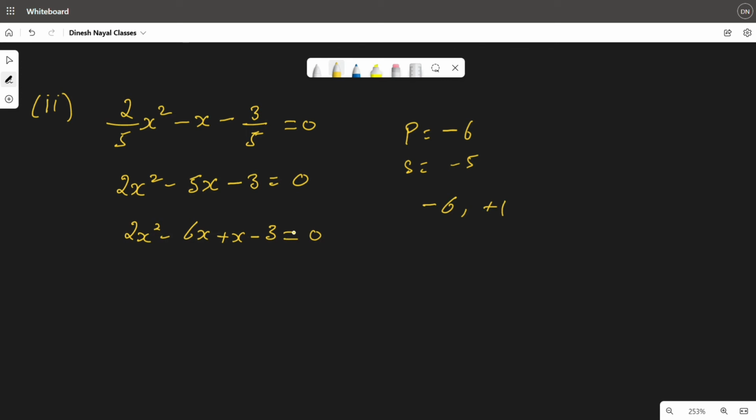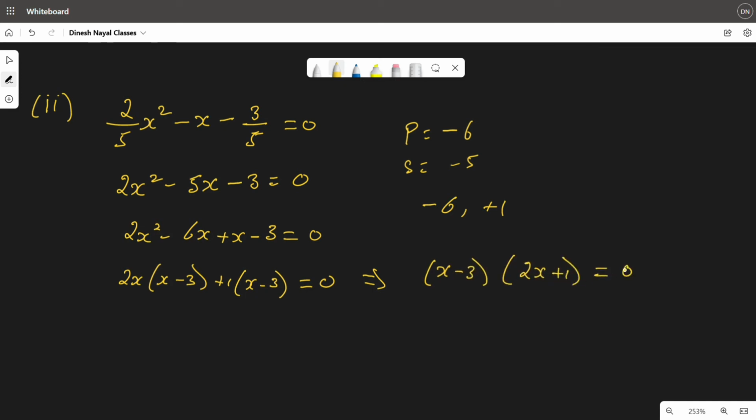Now from here you can take common. This will be 2x into x minus 3, plus you can take one common, x minus 3 equals 0. From these two you can take x minus 3 common. If you take x minus 3 common, what is left is 2x plus 1 equals 0.